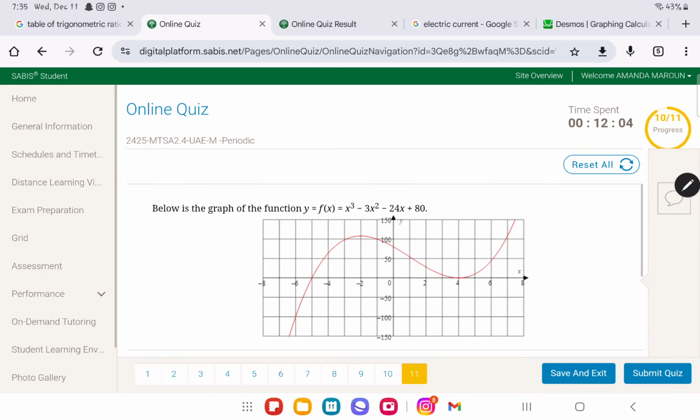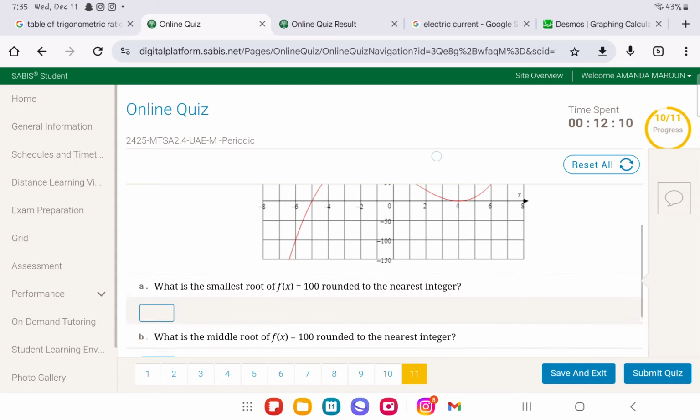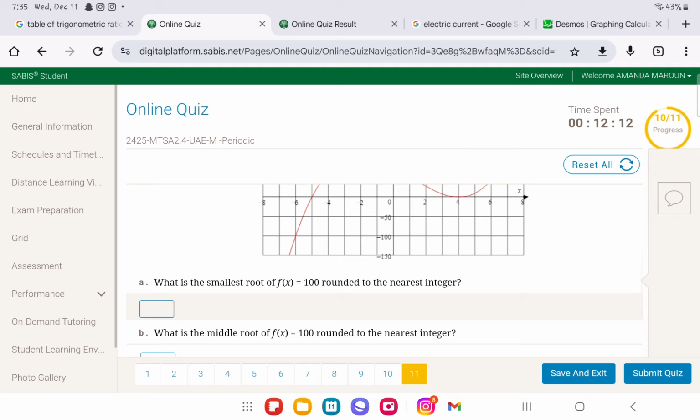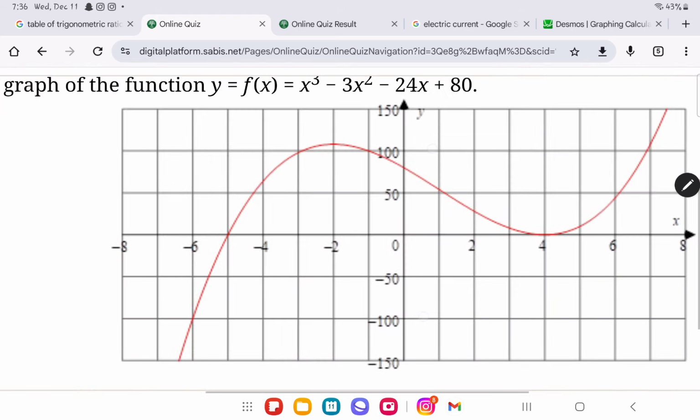Now question number 11. Below is the graph of the function y = f(x) = x^3 minus whatever. Now look at this one. They told us f(x) = 100. That does not mean that y is 0. Now that means y is 100. So you have to go to 100. You have to see which points are at 100. You have this point over here, this point over here, and this point over here.